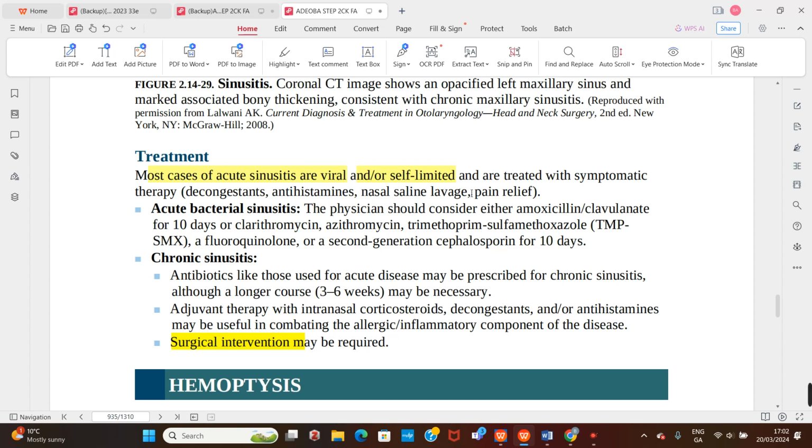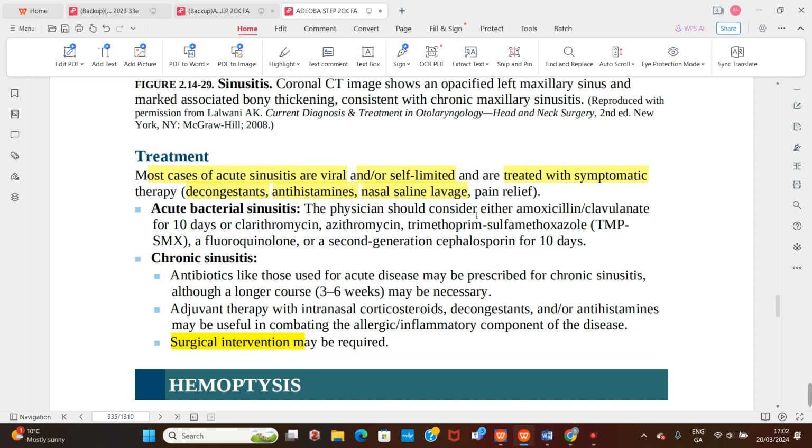So you might want to do some symptomatic treatment, which involves giving decongestant. So you can give intranasal oxymetazoline, which helps you vasoconstrict the vessels that supply the sinuses so that you don't have congestion. You can give antihistamine, which helps you limit the inflammatory drive, or you can do a nasal saline lavage.